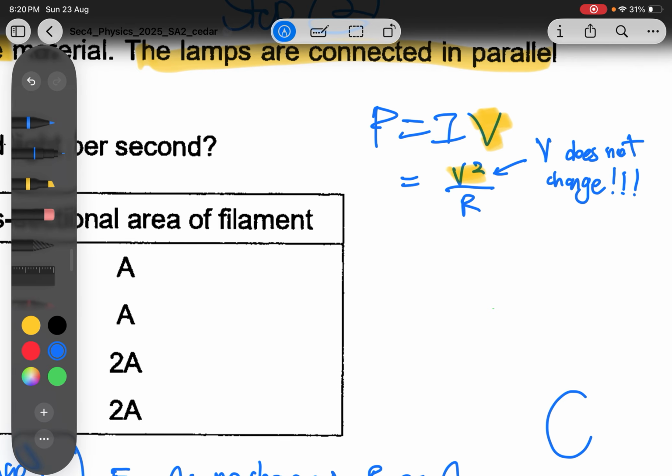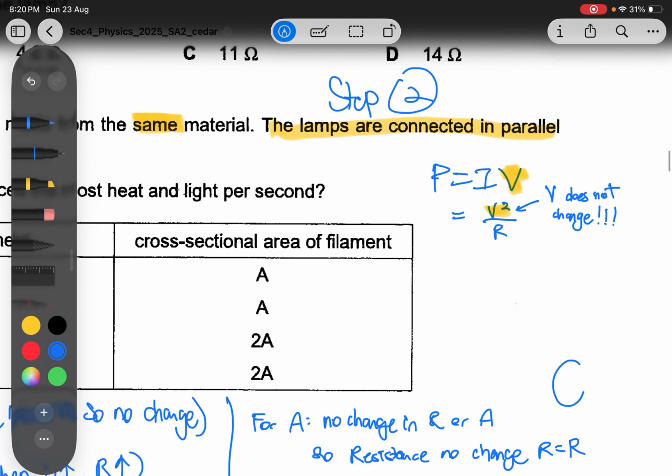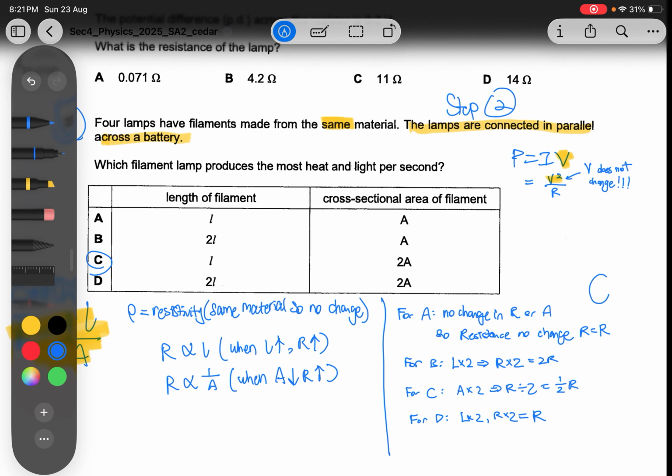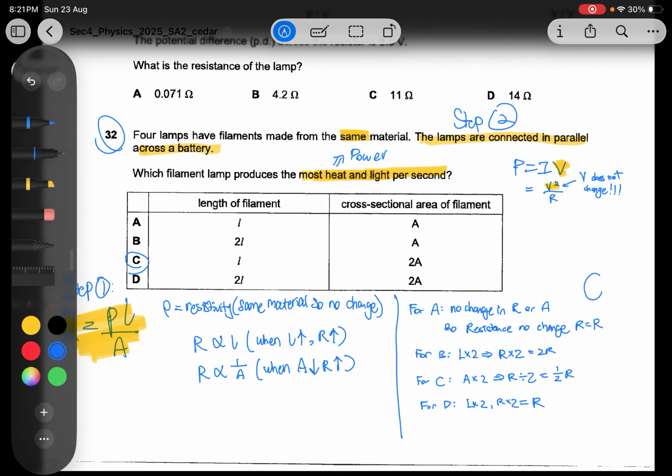Using V equals IR, we can get V squared over R. Based off that, you know that you want the lowest resistance. Why? Because the lowest resistance will give me the most power. So when we look at most heat and light per second, we are looking at the power over here. Okay, and then with that you can get the answer C.